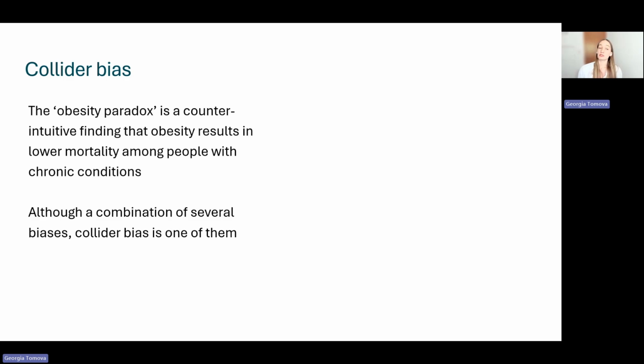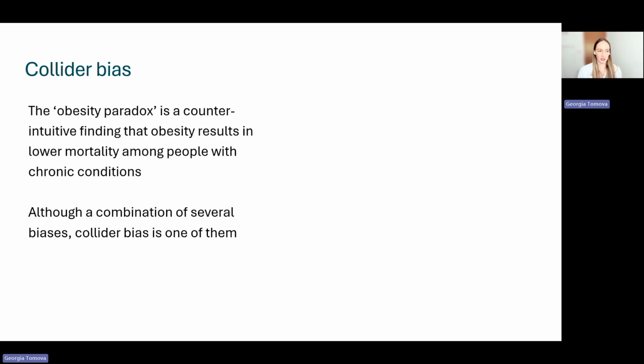Obviously, this is quite counterintuitive because we would imagine that on top of having a chronic condition, having obesity as well would be expected to result in higher estimated mortality. And so that's why there is this paradoxical finding. Now, the obesity paradox is a combination of several different biases, but one of them is collider bias.